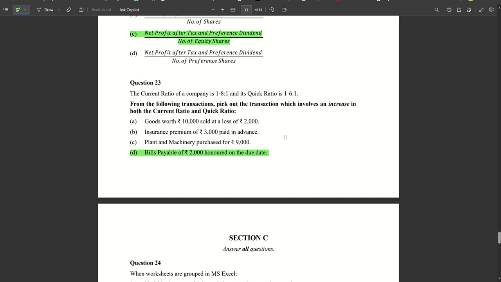So the last one, bills payable 2,000 honored on the due date. This impacts both of them. So this is the one which is leading to an increase in both the current ratio and the quick ratio, because on one side the liability is decreasing and on the other side cash is also impacted.